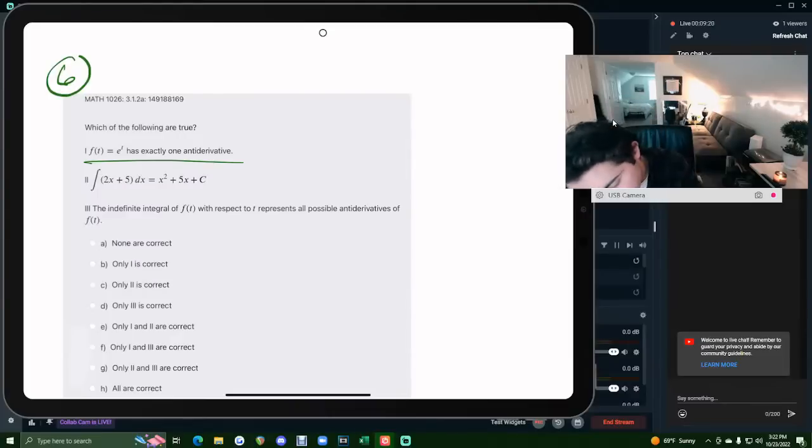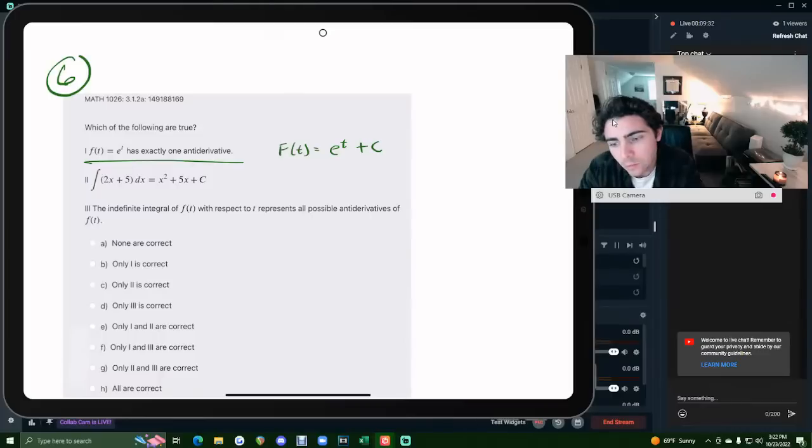Here's why. The antiderivative of e to the t is e to the t. However, when we add plus c, what that gives us is a family of antiderivatives of e to the t. The antiderivative of e to the t is e to the t plus c, because you could have an antiderivative e to the t plus 7.